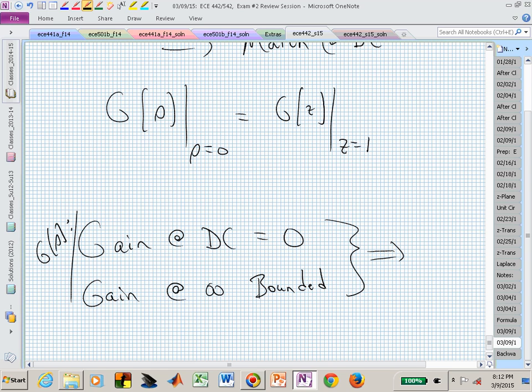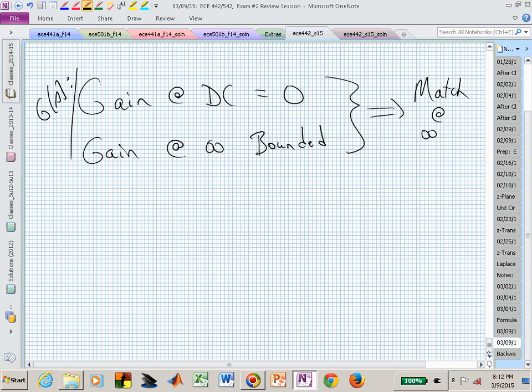If it's going to 0 at DC. But now you might match at infinity. Where now you have G of S at, let's say, S going off to infinity is equal to G of Z at Z equal to -1.